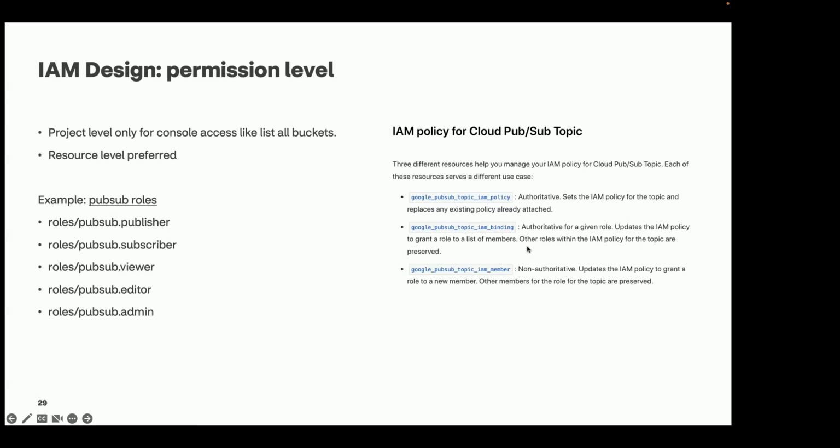And in terms of Terraform, there are three different kinds of bindings for giving permission to a PubSub topic. Normally I would use IAM member so that it doesn't override existing permissions.